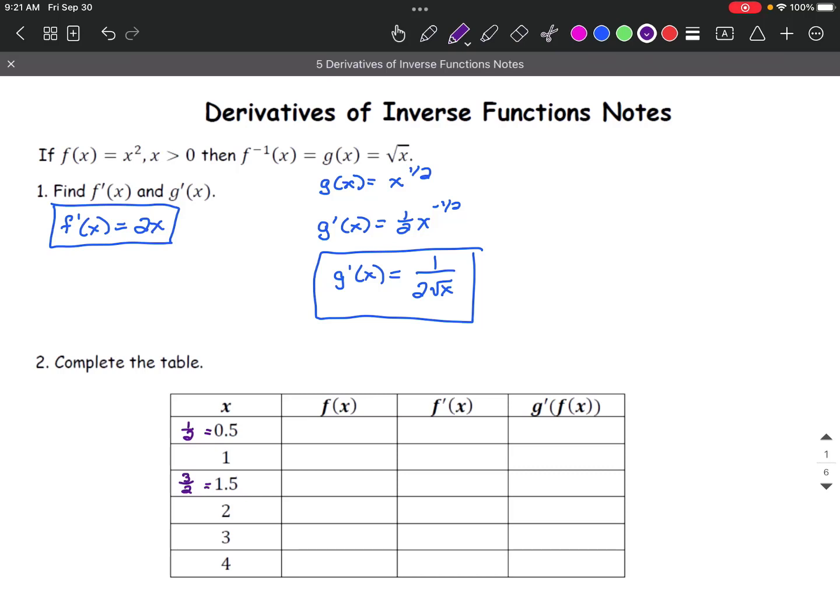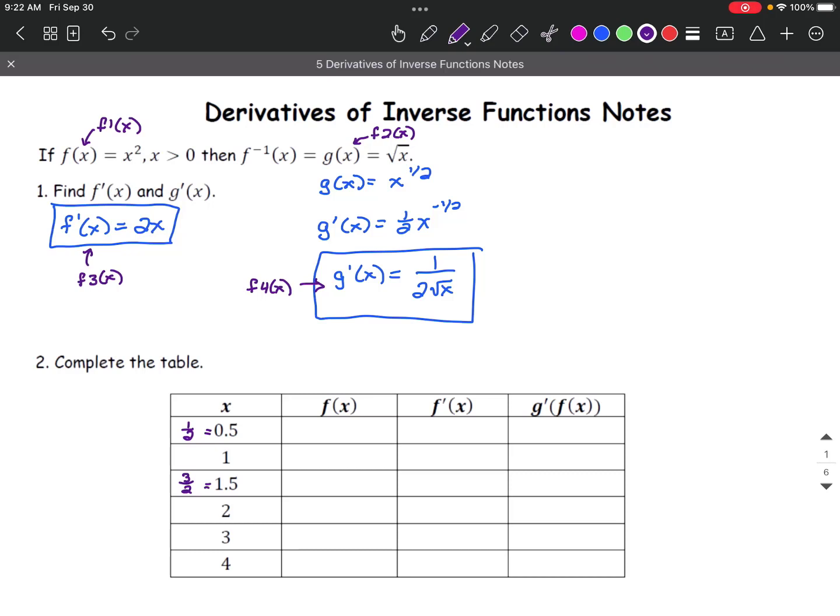I mean, you could plug in all those numbers into all three functions, or you could just put things in your graph page. For instance, we can put the function f of x into f1 of x. We can put the function g of x into f2 of x. We can put the derivative of f into f3 of x. We can put the derivative of g into f4 of x.